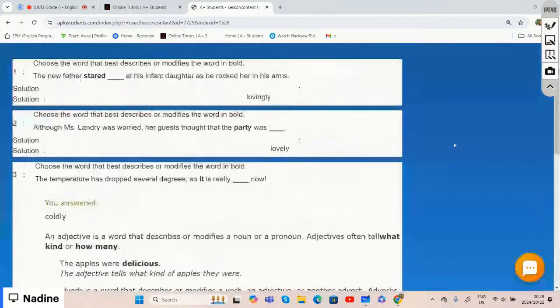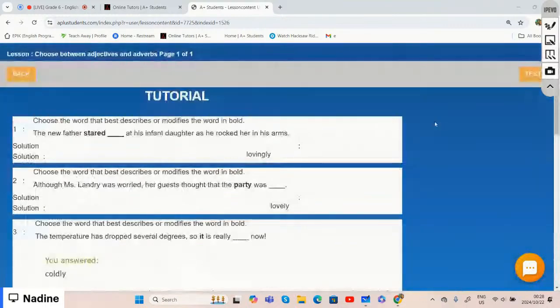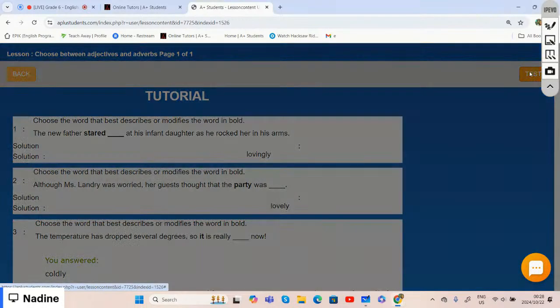All right, so now we're going to our test, where we are going to either choose between an adjective that tells us more about the noun, it describes or modifies a noun, or we're going to choose between an adverb that describes or modifies a verb, an adjective, or another adverb. So now we're at the test.